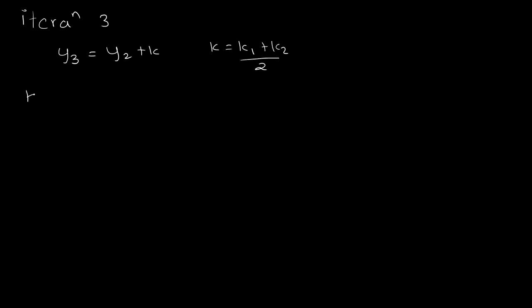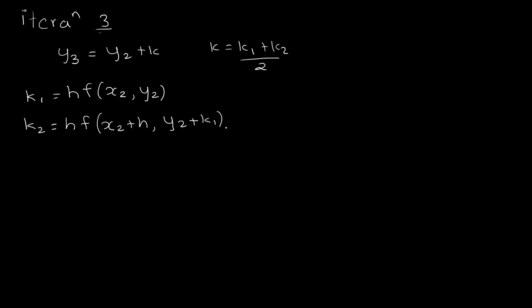In this third iteration, k1 would have changed to h into f of x2 comma y2, and k2 would have changed to h into f of x2 plus h comma y2 plus k1. Then k is given by the average of k1 and k2, and y3 by y2 plus k, and this way it would have been extended further.